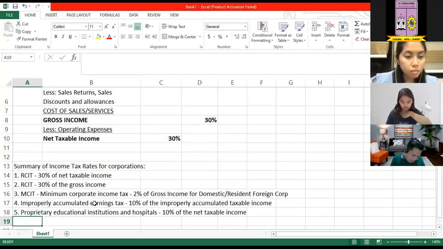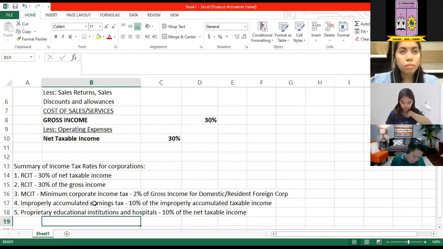Pero take note here that kailangan if you are a proprietary educational institution, before you can avail of the 10% preferential tax rate, dapat yung gross income mo from unrelated trade, business or other activity does not exceed 50% of the total gross income.